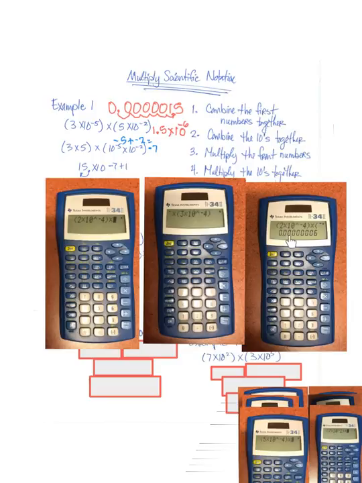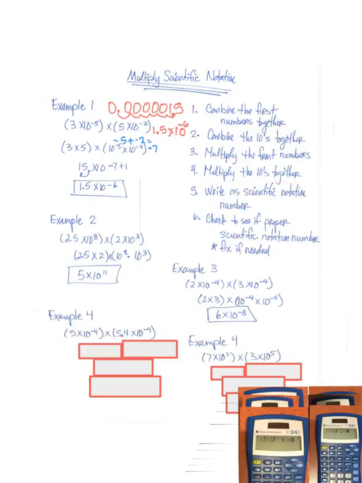As far as zeros, there's 1, 2, 3, 4, 5, 6, 7. There's 7 decimal places, but we got to move it to the 8 over here. That's what makes it the negative 8, because again, it's negative because it's a decimal. And we have to move it from here all the way over here to make it a 6. Not 0.6, but 6 times 10 to the negative 8. So again, we need to understand what the numbers mean calculator-wise, and then we also need to understand the full reason why.